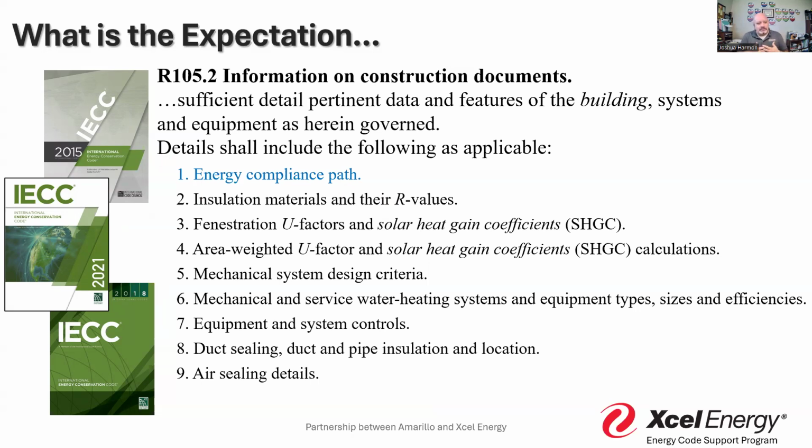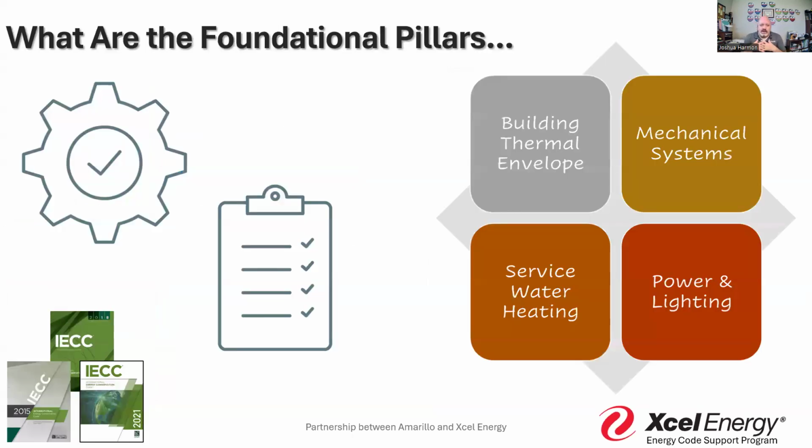Because as we'll look at in a second, it really adds certain levels to the conversation on the expectations for testing, right? But when we think about what I call the foundational pillars of the energy code, we get these four ideas: the building thermal envelope, the mechanical systems, the service water heating systems, and the power and lighting expectations and controls.